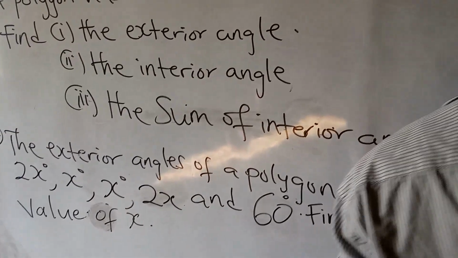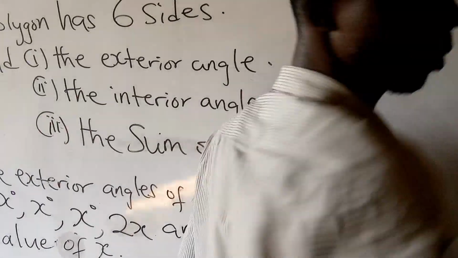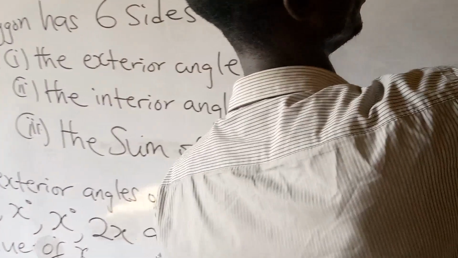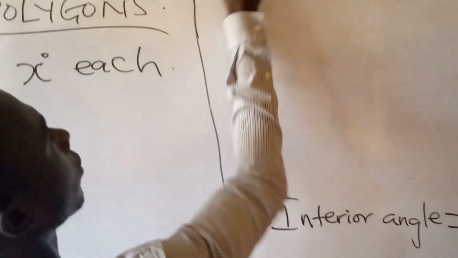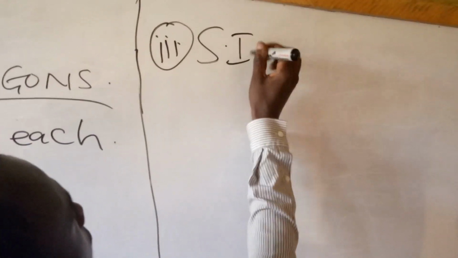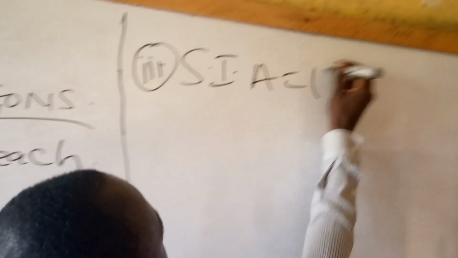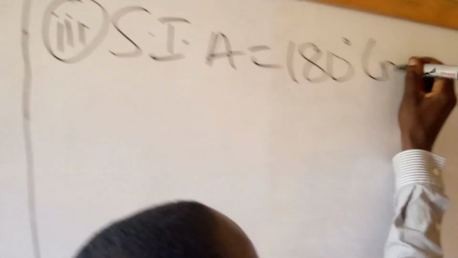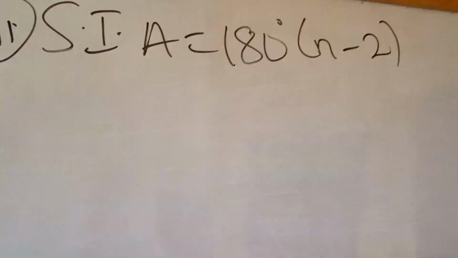Let's move on to the last one, which is the sum of interior angles. The formula is 180 times n minus 2.